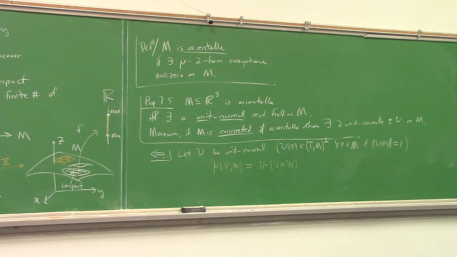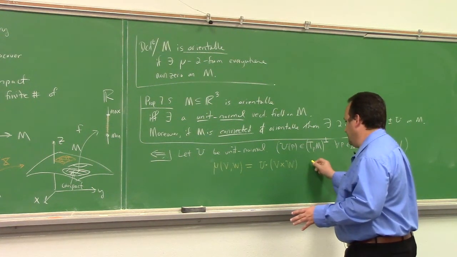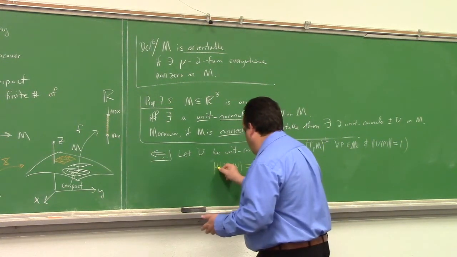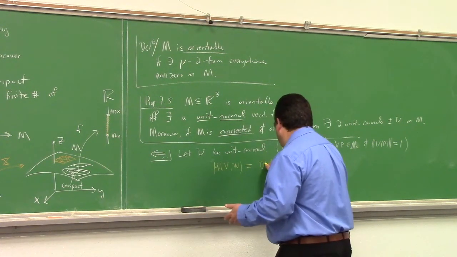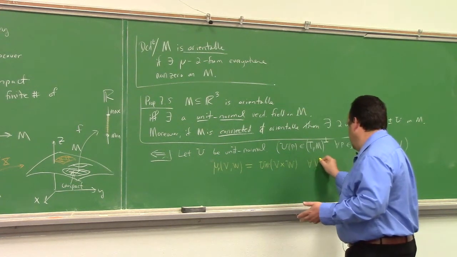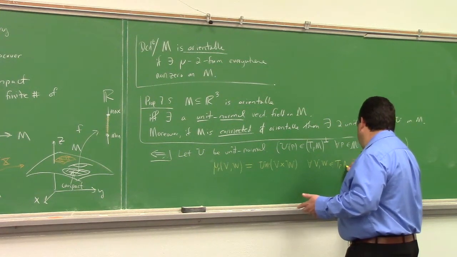First of all, I can make this at the point P. At the point P, we take U of P dotted with v cross w, and this is for all v and w in the tangent space to M at P.